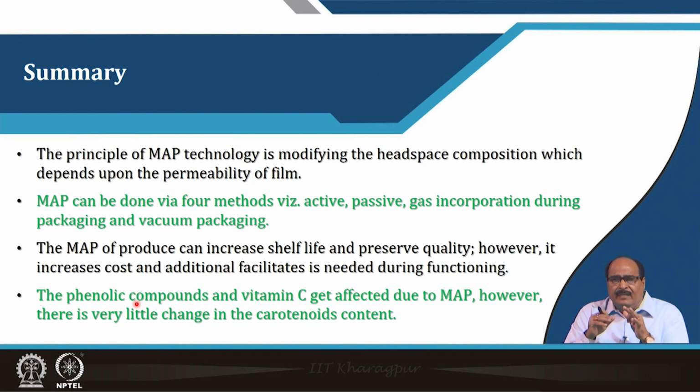However, it might increase the cost and additional facilities needed during its functioning. The nutritional components generally remain intact. However, there might be some little change depending upon how the conditions have been maintained.